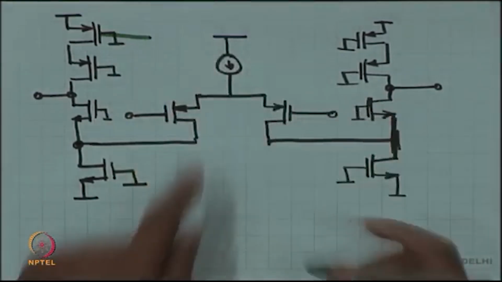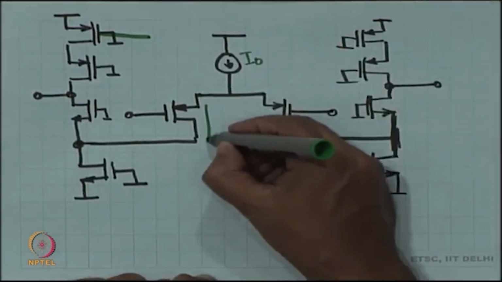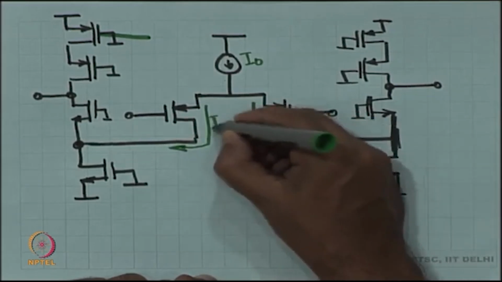Okay. So, for the DC operating point, what is the plan? If the tail current is I naught, then you expect these two currents to be I naught by 2 each.